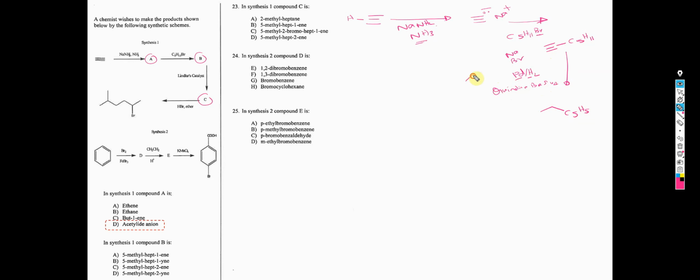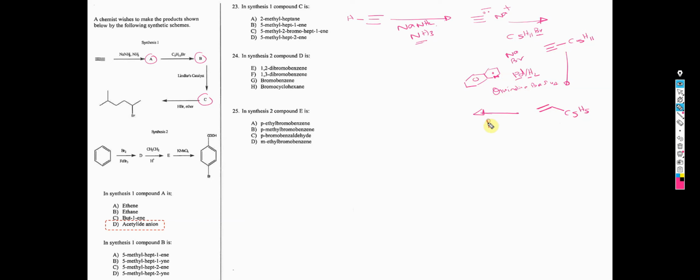So quinoline is a naphthalene looking molecule, except it has a nitrogen in one of the positions. So that is going to be your Lindlar catalyst, and Lindlar catalyst reduces an alkyne to an alkene, but it doesn't reduce it any further, okay, because it is poisoned.